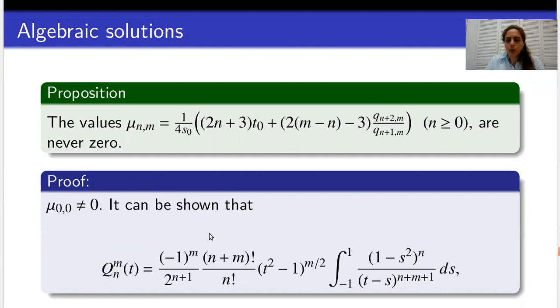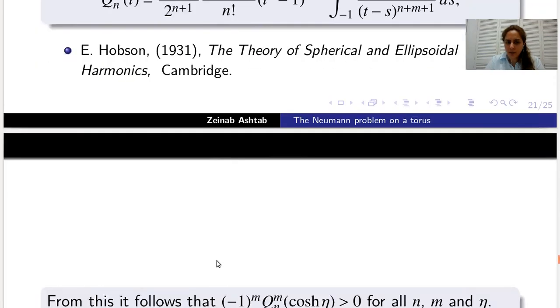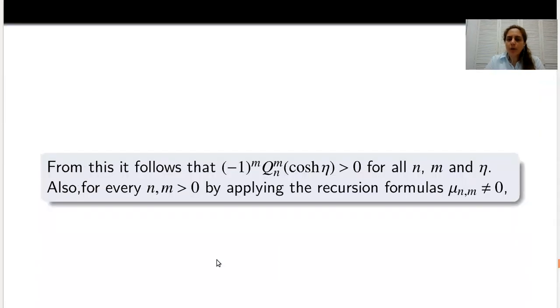Also, it can be shown by using these equalities, according to Hobson's book in 1931, that minus 1 to the power m q n m cosh eta is greater than 0 for all n, m, and eta. And then we can apply some of the recursion formulas that we talked about already, and we can say that mu n m are never 0.